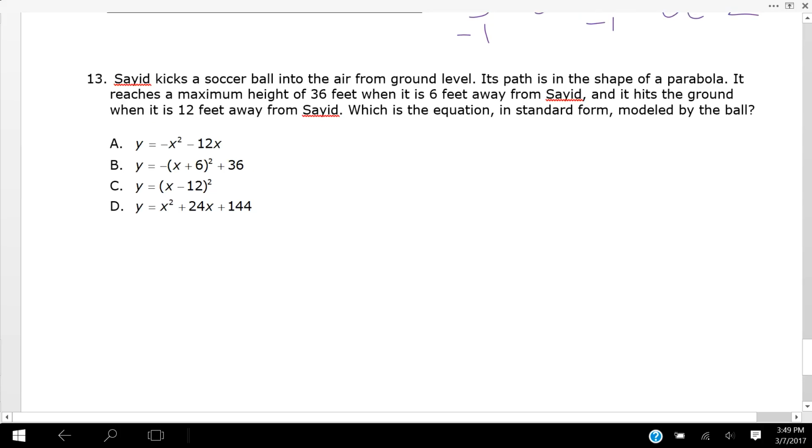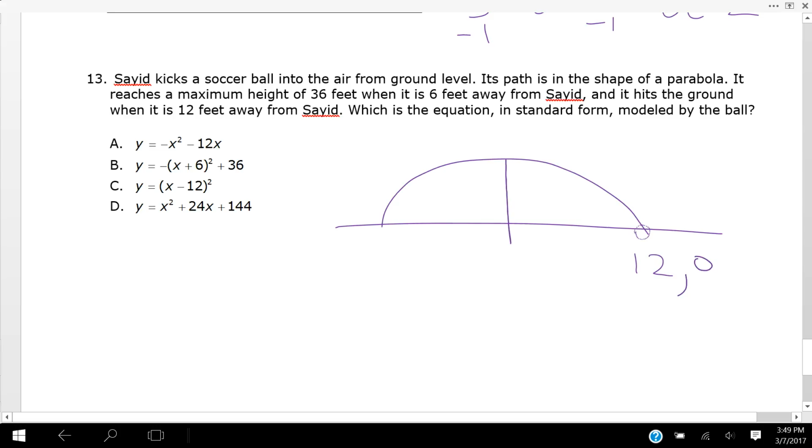Saeed kicked the soccer ball. Okay, so here's what I know when Saeed kicked the ball. At 12, it's 0, and at 6, it's 36.